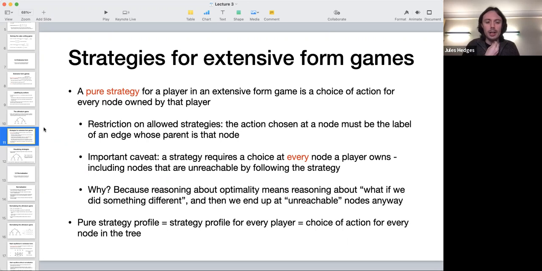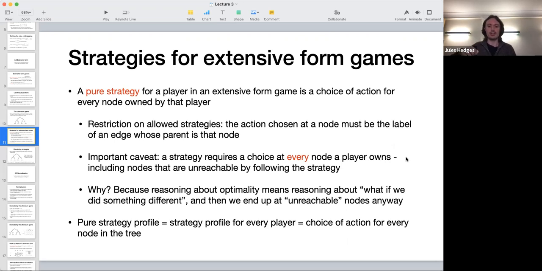So we have a restriction that the action has to be a valid action, which means it has to be the label of some outgoing edge of that node. And there's an important subtlety here, which is that we insist that the strategy has to say a choice at every node a player owns, even if the same strategy says that that node is unreachable.